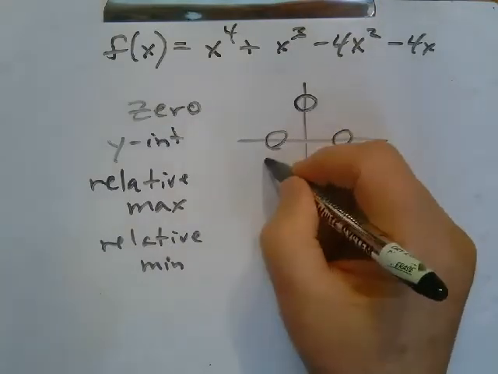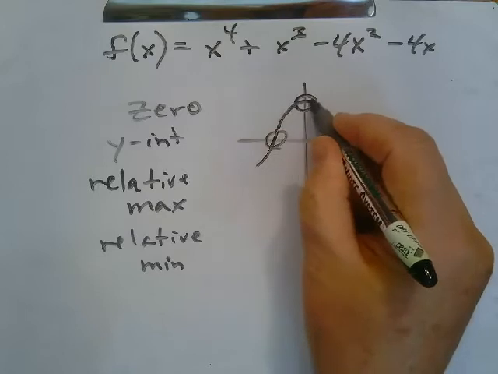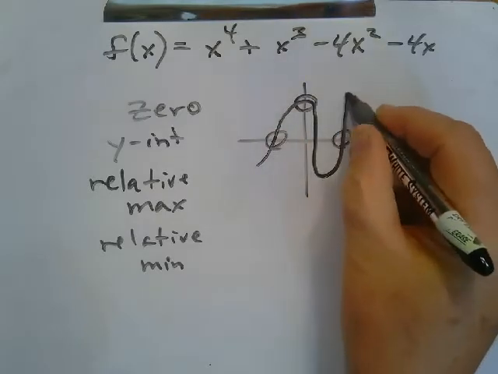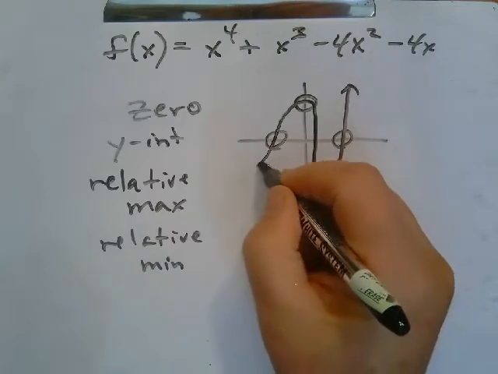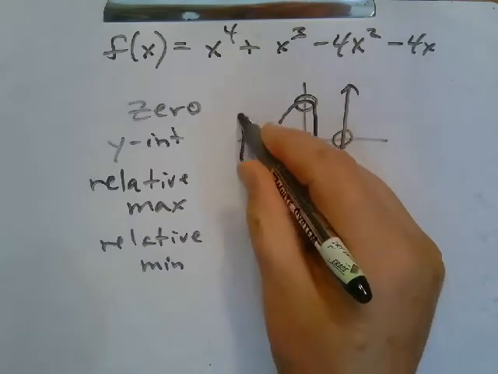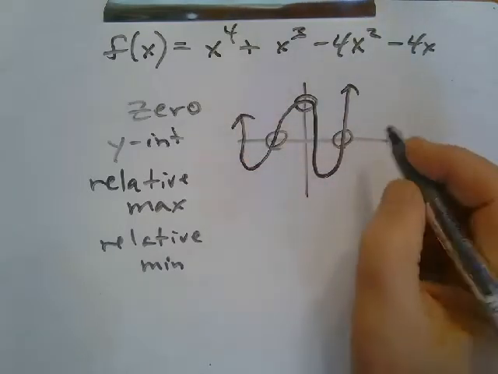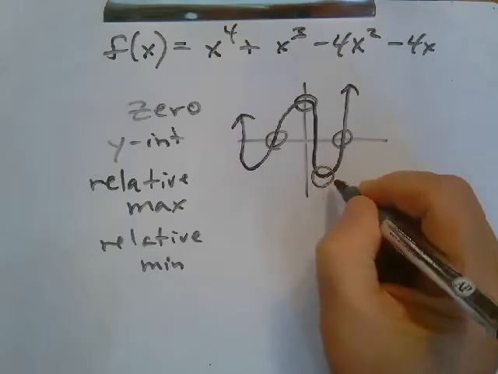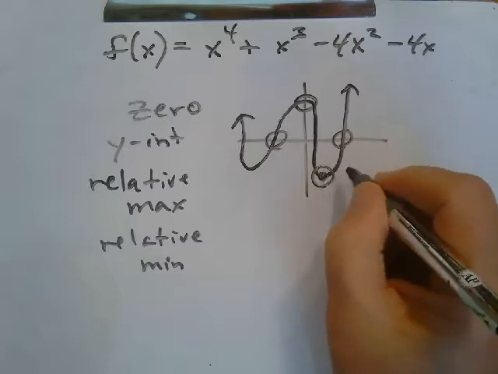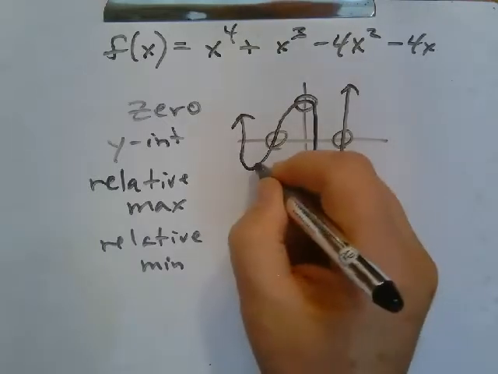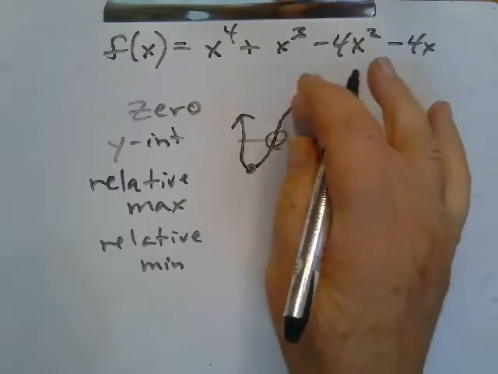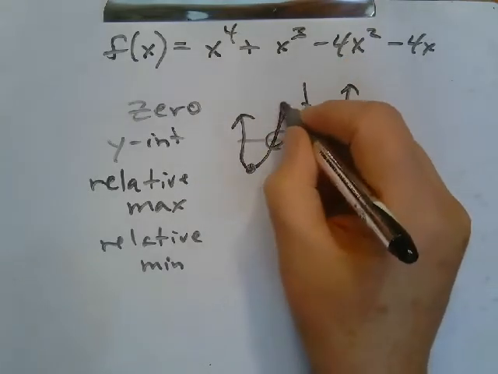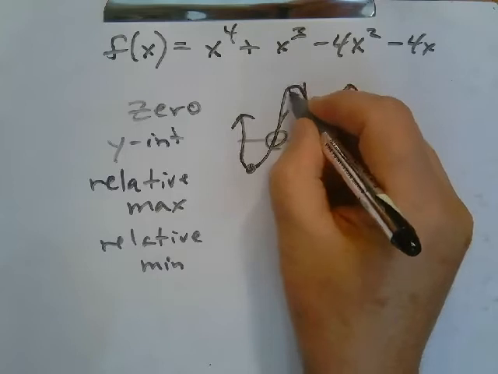Let's say it goes through here, and it goes down here, and it comes back through here like this. We want to find those places where they are relative to the rest of the area around them, maxes and mins. For example, I want to find this spot right here, so I can see where the graph turns, and maybe this one over here, or maybe there's one up here at the top where the graph will turn.